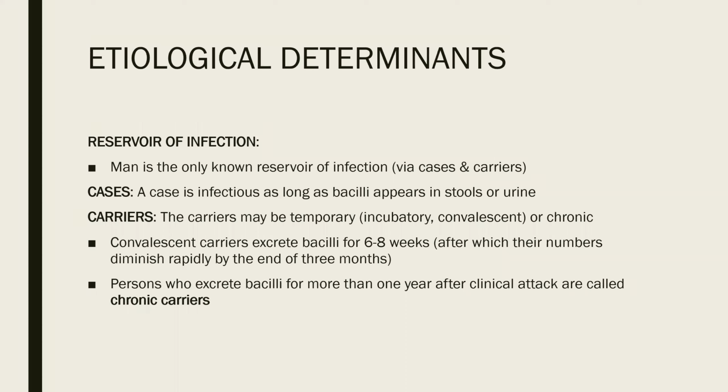But for people who excrete the bacilli for more than 12 months after the clinical attack, that means after the acute phase of the illness, if someone still has the bacilli in their stool, or in their urine, but more commonly in their stool, for more than 12 months after, then the person is known to be a chronic carrier.